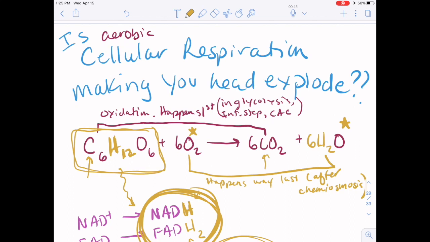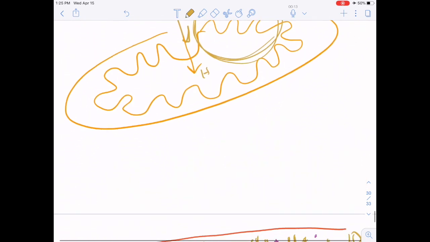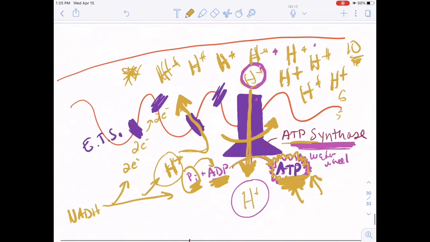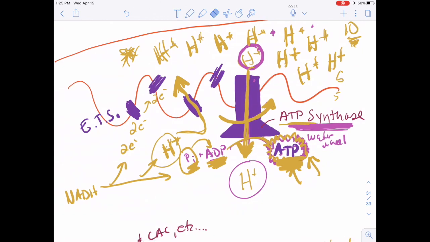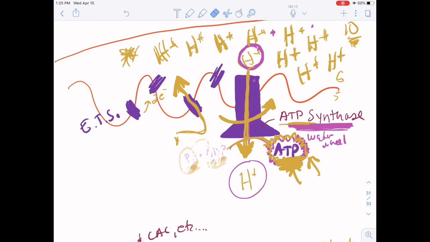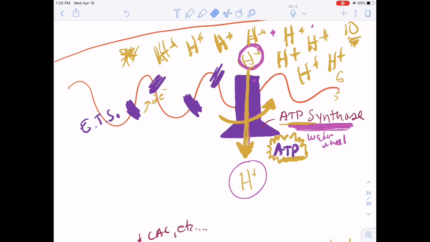Let's take a look at what oxygen actually does. Let me go back here and erase a whole bunch of stuff to give us some more room. Let's say these protons already set up the gradient, and ATP was made when the protons released energy by diffusing back through, and everyone's happy.